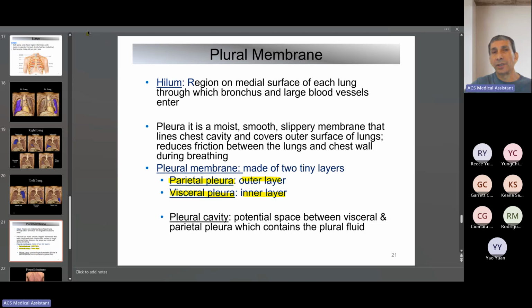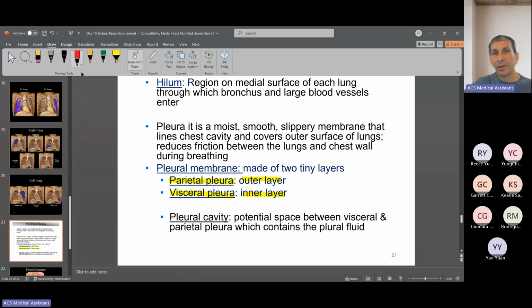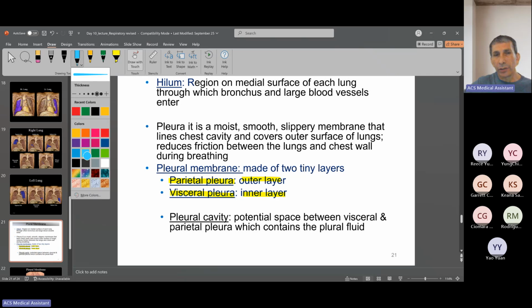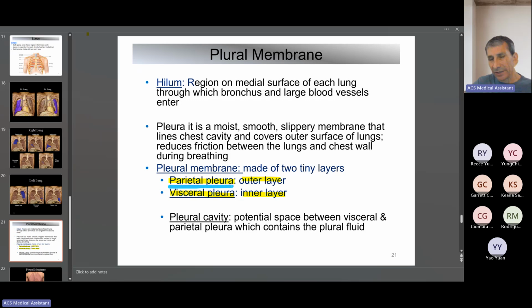Now, in between these two layers, right here in between, we're going to have fluid. We're going to have the pleural cavity, which contains the pleural liquid.